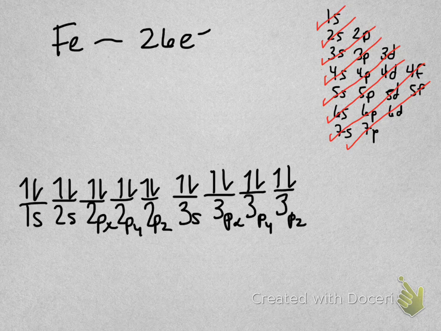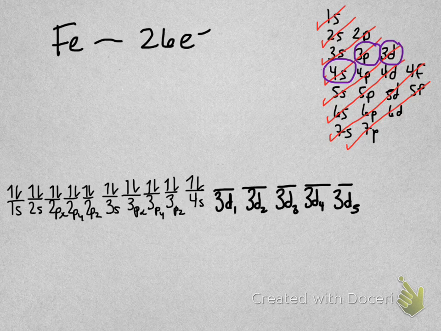Well, what fills after 3p? Remember, this is when it gets weird. 4s. So the 4s subshell fills next, and that's 2 more electrons. So now we're up to 20 electrons, and what's going to fill after that? The 3d. So I have 20 electrons here, and I've got 6 electrons left to go. How do we do this? Well, 1, 2, 3, 4, 5, 6.